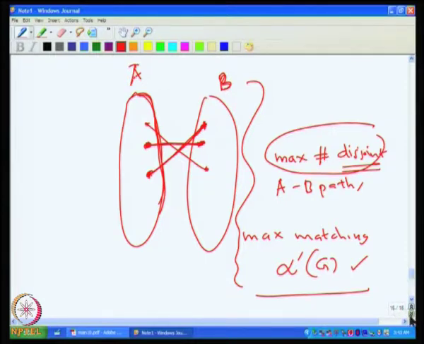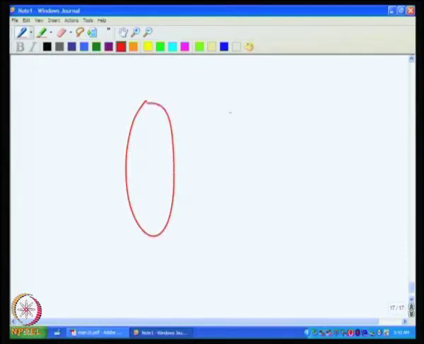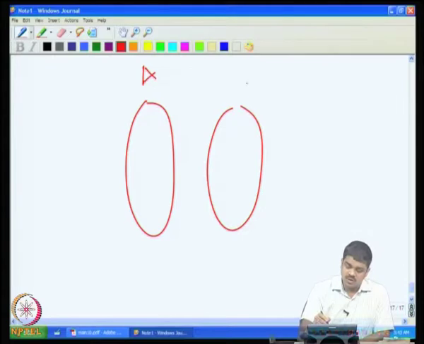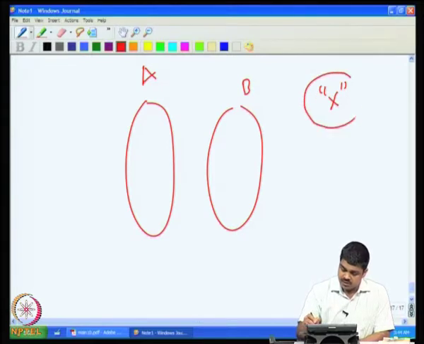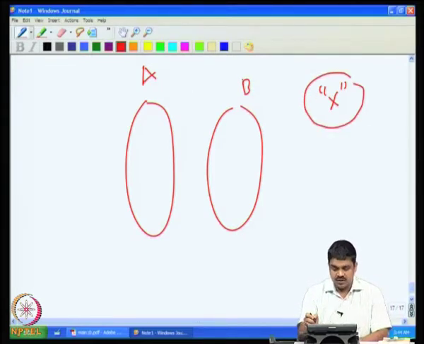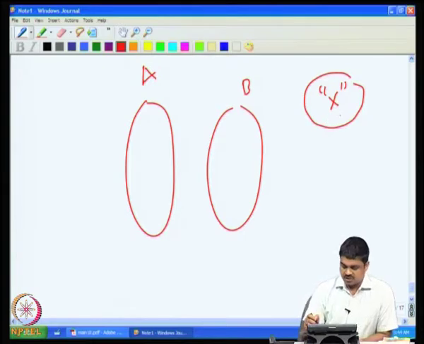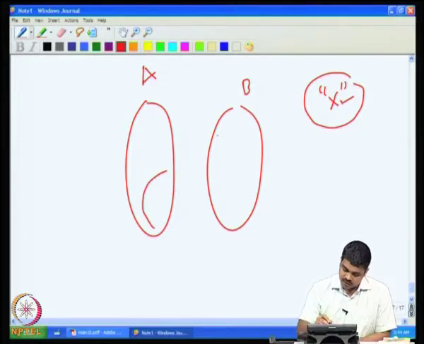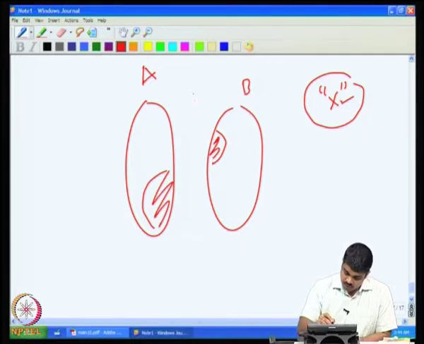Now again, for this bipartite case, when you take this A and B, you can ask what will be the minimum cardinality of X, any separator of A and B, according to the definition. The separator should be such that once you remove its vertices, we will not get even one edge across.